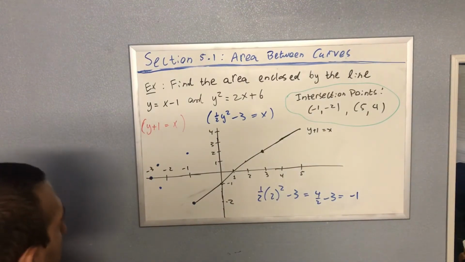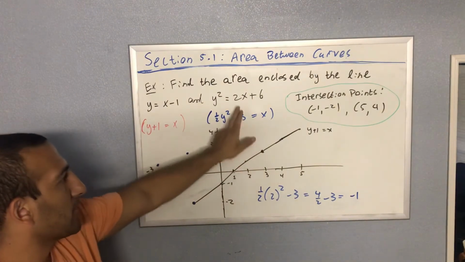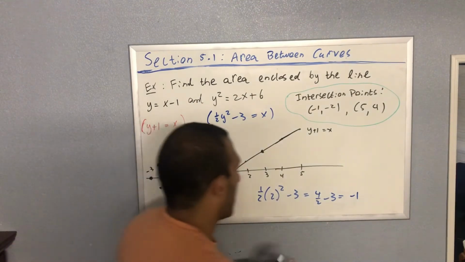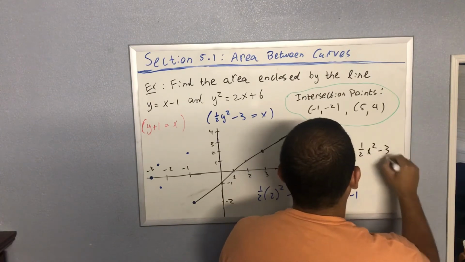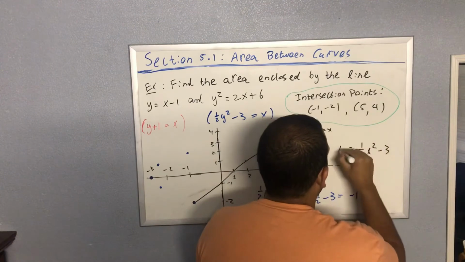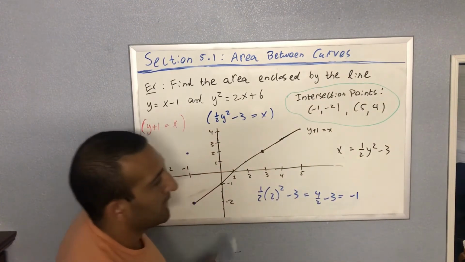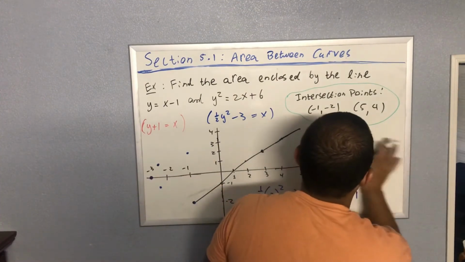Okay, and maybe you can kind of see now that an equation of this form is just a sideways parabola, right? If we had y equals 1/2 x squared minus 3, this was a parabola. So when we switch the coordinates, it's not too far-fetched to see that this now just becomes another parabola, like it's rotated a little bit.